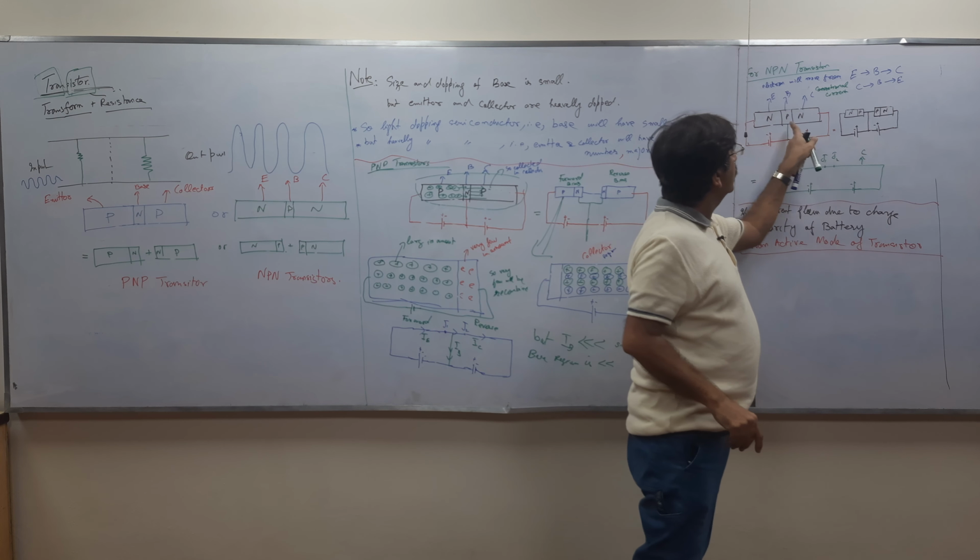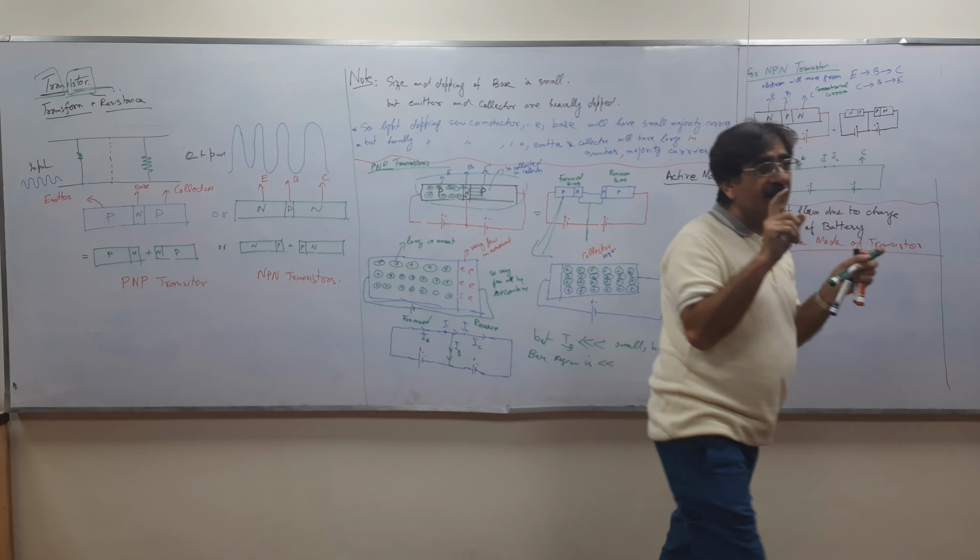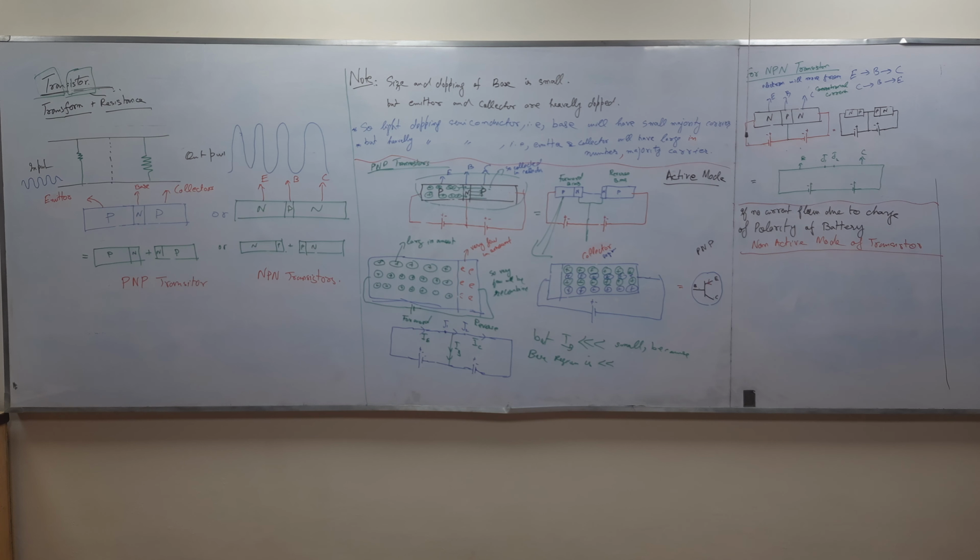This is N or base, these are the junctions. There are two junctions, J1, J2. And current will be moved from, yes, how will the current move?